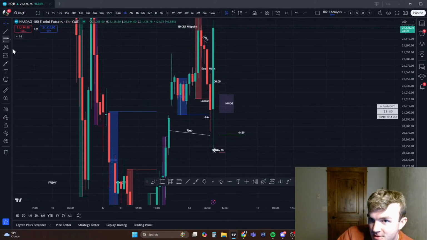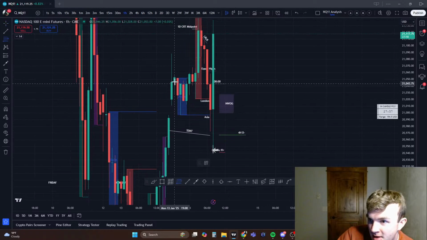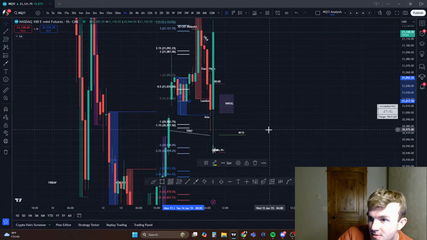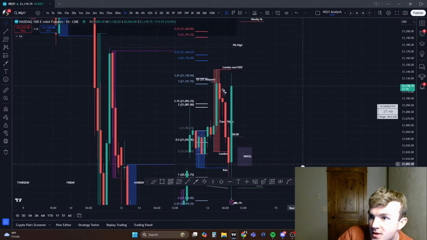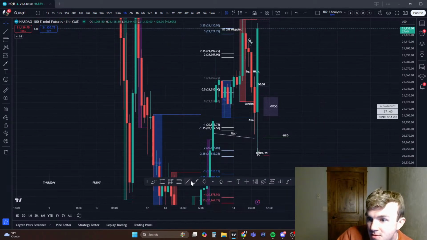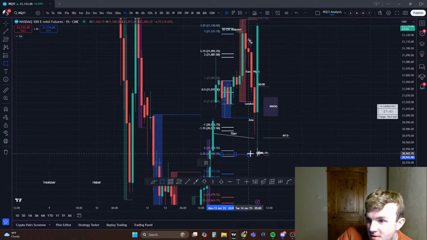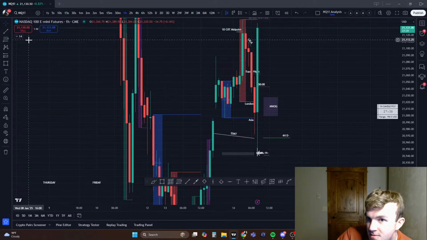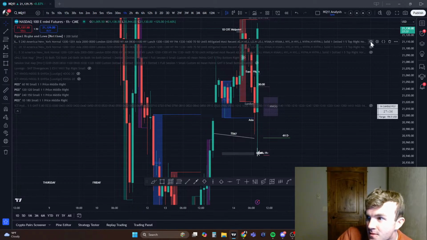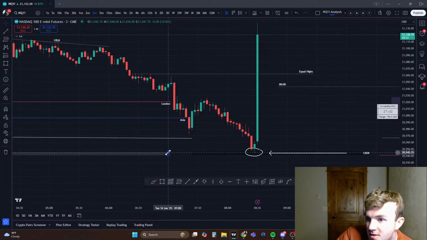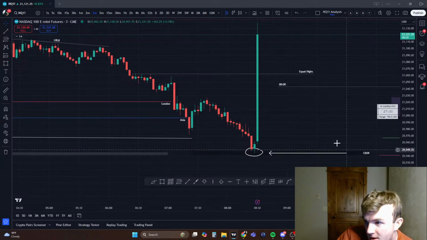And then I just went with my little fib tool here. I went boom, boom. And then all I did was mark out this little area here, like that. And you can see how precise that was.